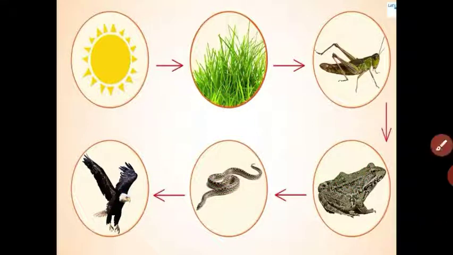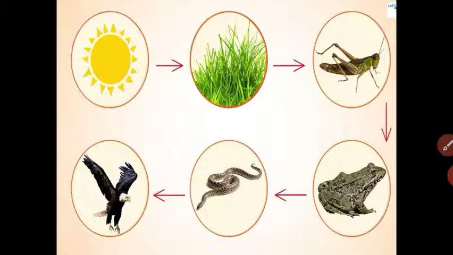Understood, students? In this series, organisms eat one another and energy flows from one organism to the next. This is called the food chain. In this series, all organisms depend on another organism for food.